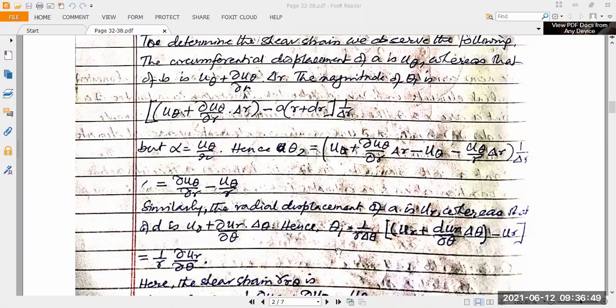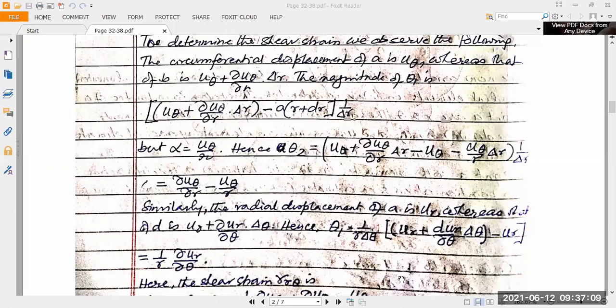So delta theta 1 by r d theta is u_r plus du_r by d theta into delta theta minus u_r itself. This is cancelling each other, and delta theta is also cancelling, so it becomes 1 by r du_r by d theta itself.